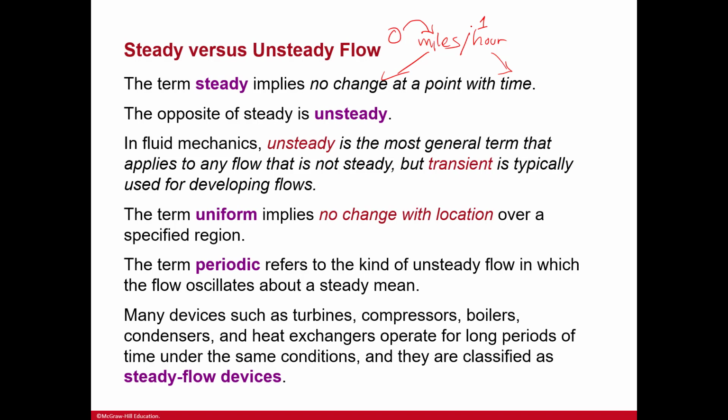Many devices such as turbines, compressors, boilers, condensers, and heat exchangers, which are all things that we work with in thermodynamics, operate for long periods of time under the same conditions, and they're classified as steady flow devices.